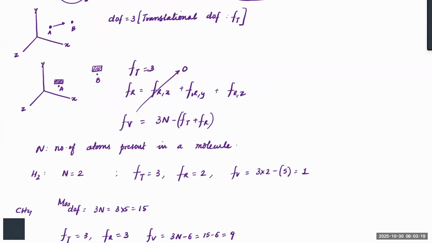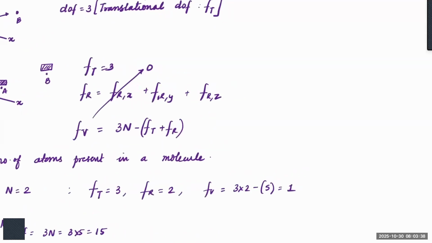Then rotational degrees of freedom, depending upon whether the particle is linear, spherical, or non-linear. Suppose a molecule is linear like this and it is going from A to B, then its rotation in one direction can be ignored, but rotation in the other two directions cannot be ignored. With respect to this axis, it can rotate if it is linear.